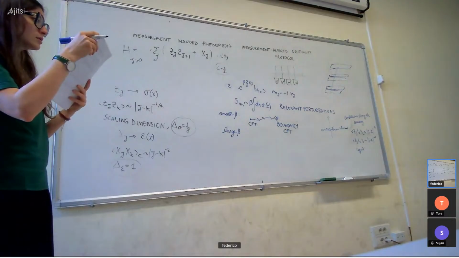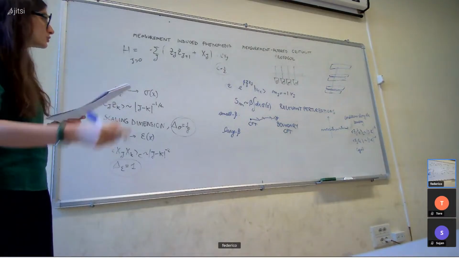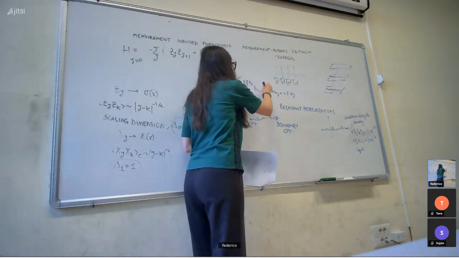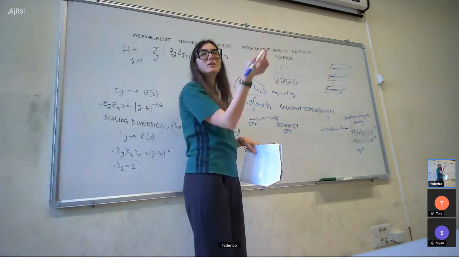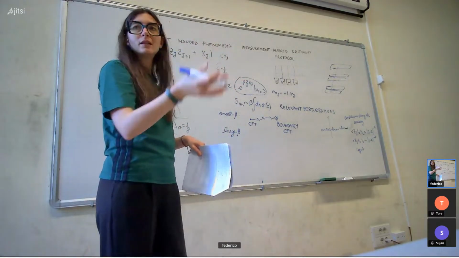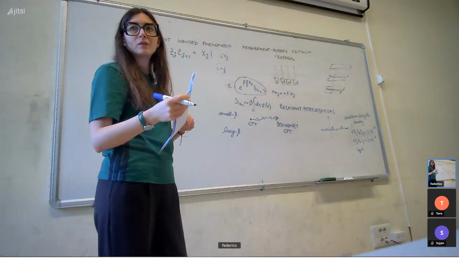Okay. So in the regime of large beta, what we have to do is take this Hamiltonian here and do an expansion in the limit of large beta.